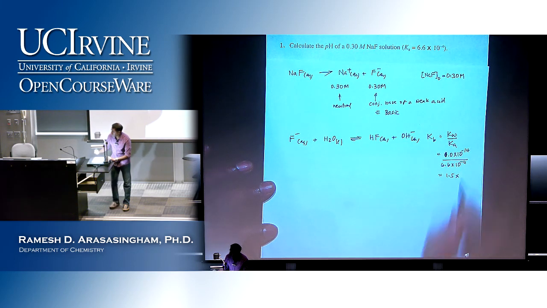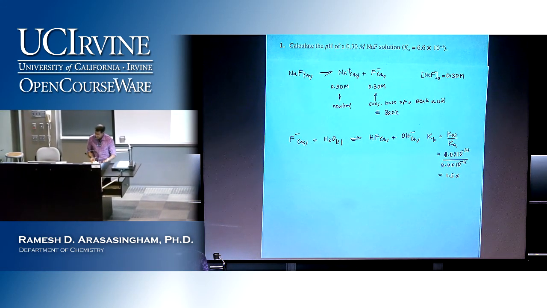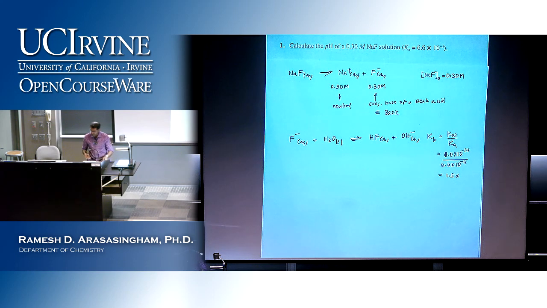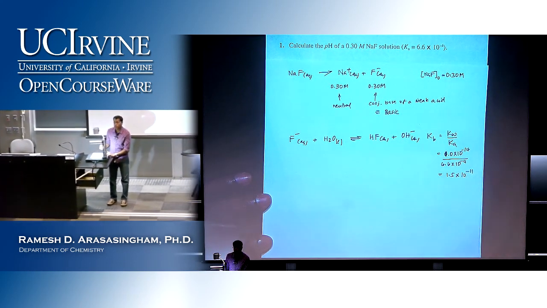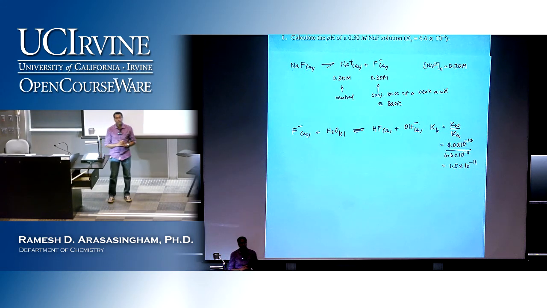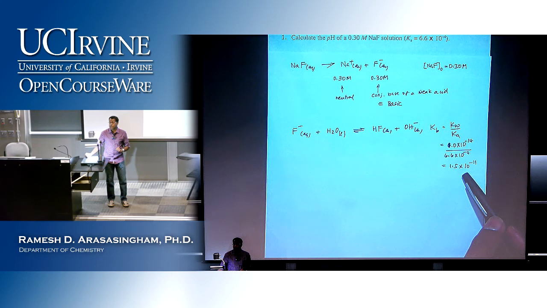And that comes out to 1.5 times 10 to the negative 11. All right, so now we know that this is an extremely weak base. It's 10 to the negative 11.